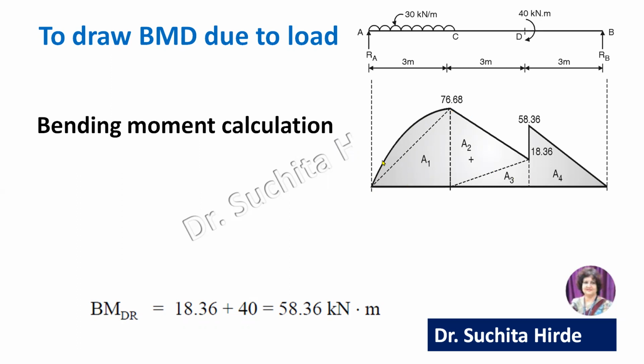You have to join A to C by a curved line, and all the others are straight lines, with linear variation. Then you have to divide this area into different zones. This is A1, this is A2, A3, and A4.